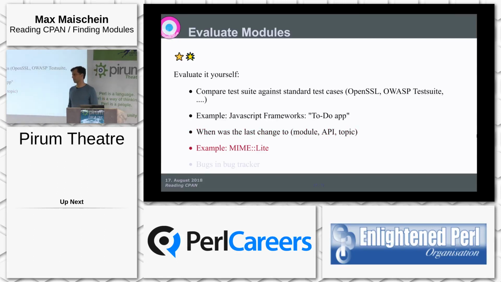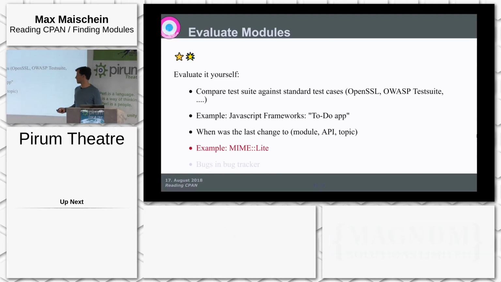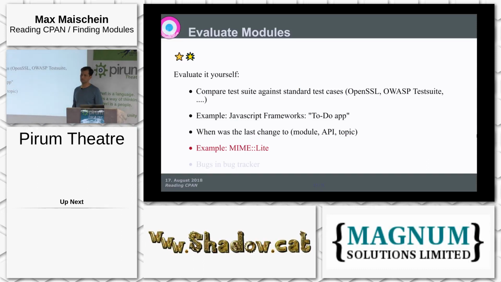A good example of this is MIME-Lite. Its author says, don't use this module anymore, I don't support it. And the last release was in 2013, but the last meaningful change to email in general, I don't know.